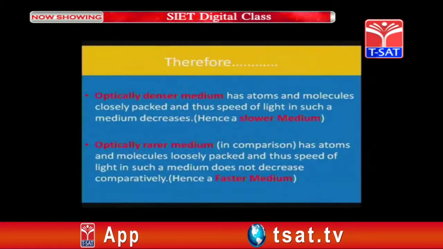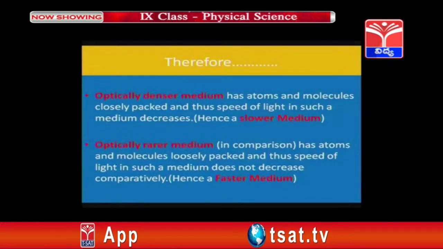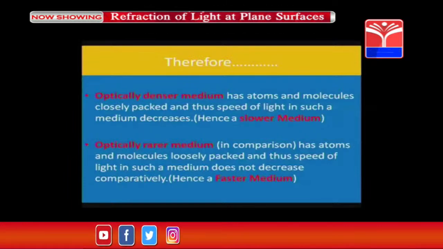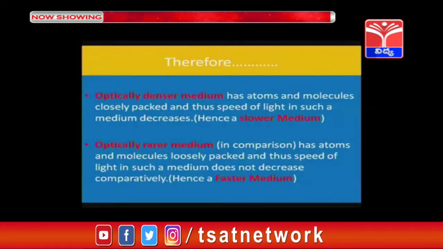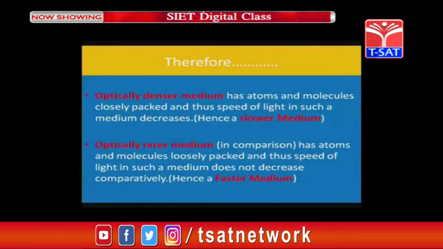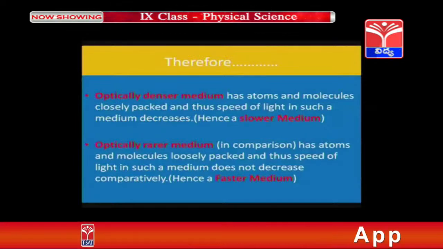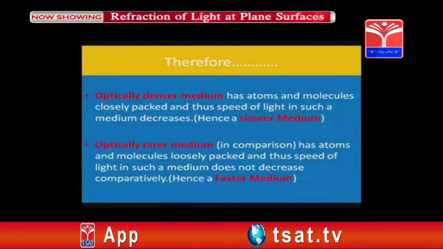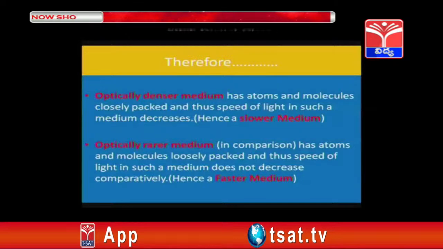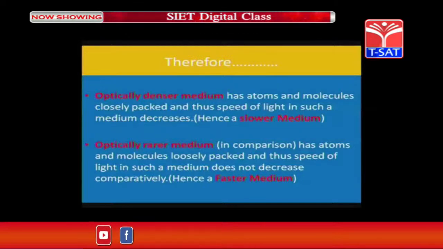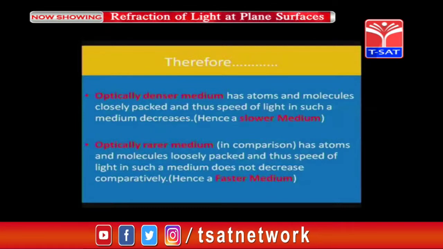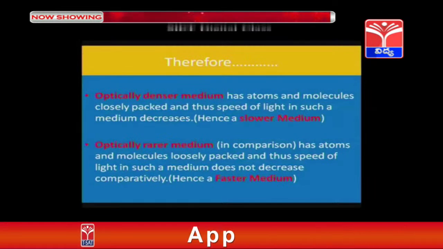Therefore, optically denser medium has atoms and molecules closely packed, and thus the speed of light in such a medium decreases. Hence, it is a slower medium. Optically rarer medium in comparison has atoms and molecules loosely packed, and thus the speed of light in such a medium does not decrease comparatively. Hence, it is termed as a faster medium.